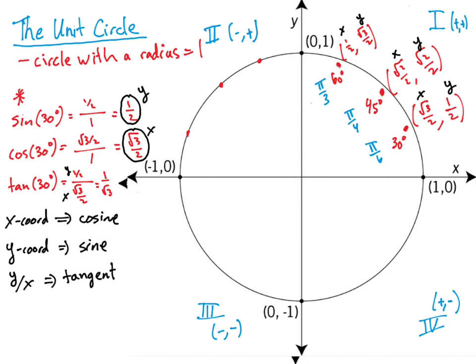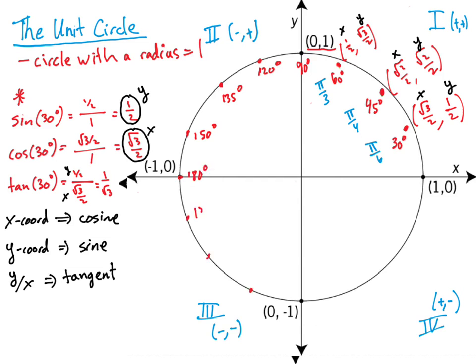This angle here is going to be 120 degrees. This is 135 degrees, 150 degrees. I didn't mark down what's at this point 0, 1, but that's going to be 90 degrees. This point here is 180 degrees.